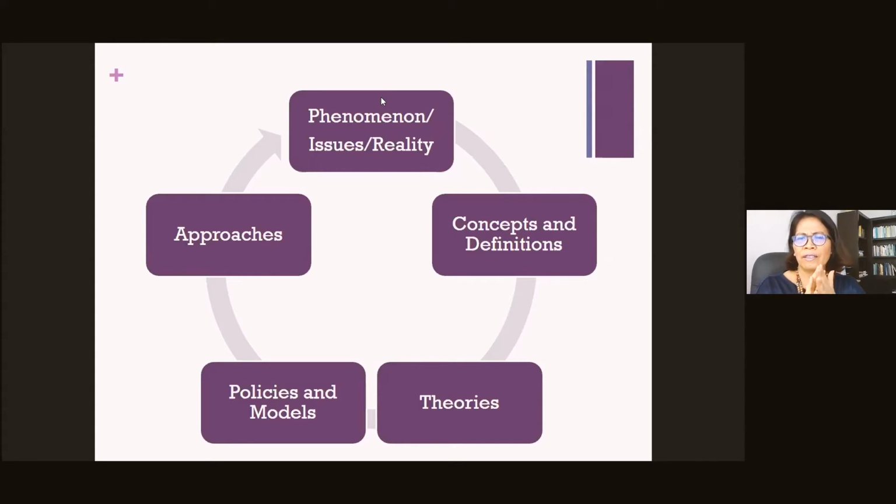The situation they came up with caused the concept of development to emerge, and different people came up with different definitions, and out of definitions came different theories. We have touched on four different theories just now, and from those theories come policies and models of development. Different theories have different models of development, right?